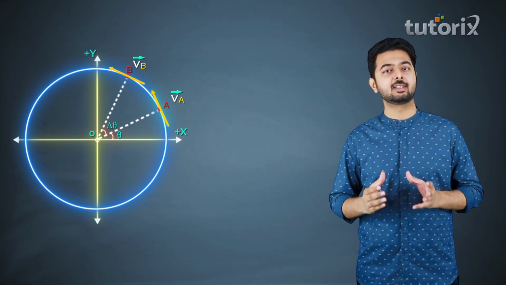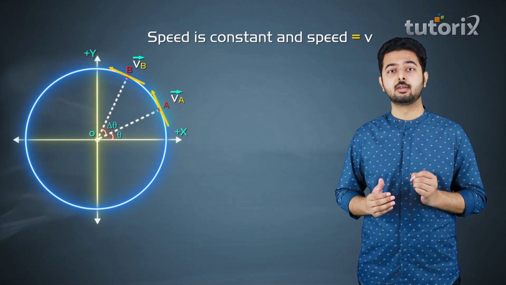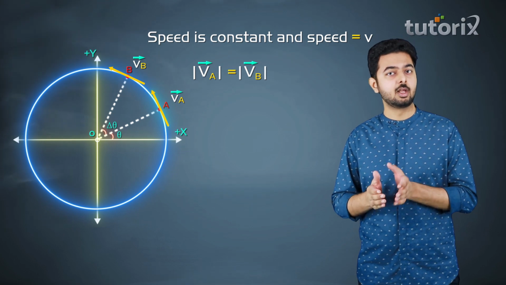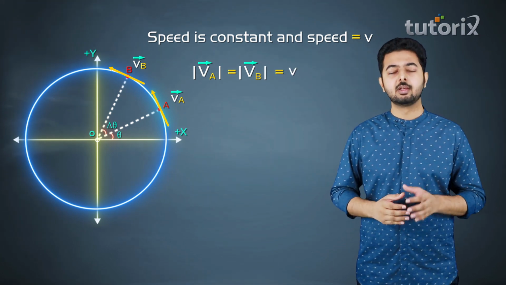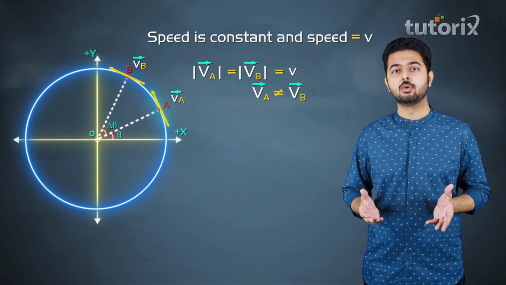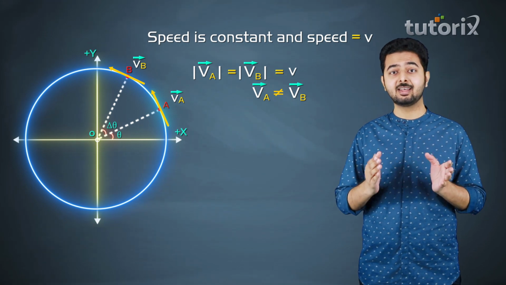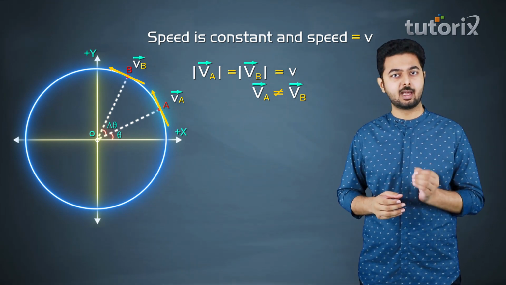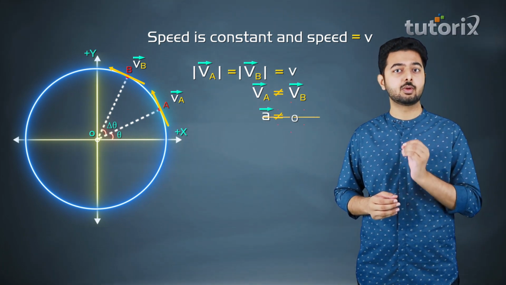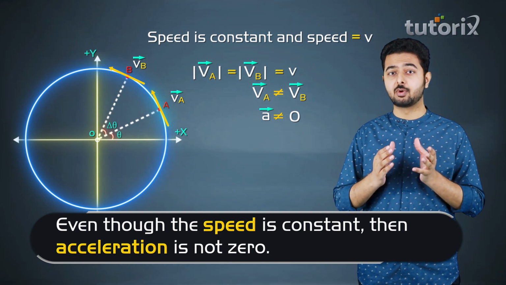If it is given that the speed of the particle throughout the motion is constant and equal to v, that is, the magnitude of VA vector and the magnitude of VB vector are both equal to small v, can we say that VA vector is equal to VB vector? Absolutely not, because even though they have equal magnitude, their directions are clearly different, which also means that there is some acceleration, and the acceleration vector is not equal to 0. So even though the speed is constant, the acceleration vector is not equal to 0.